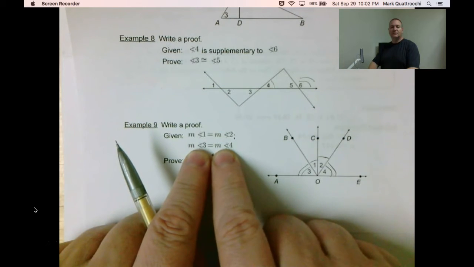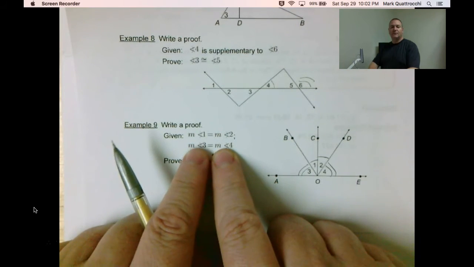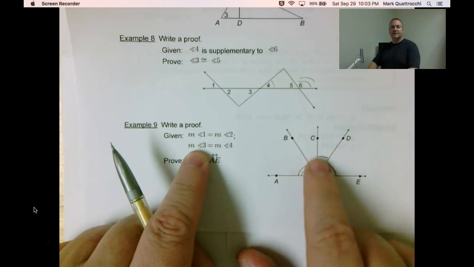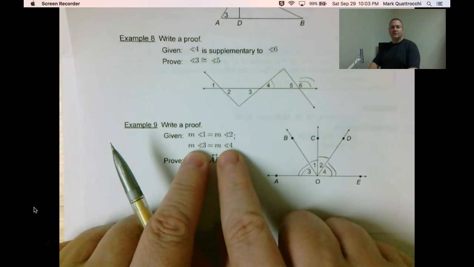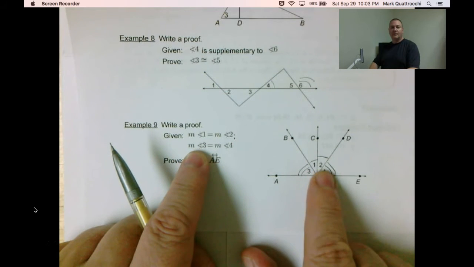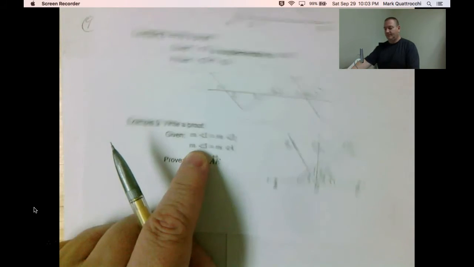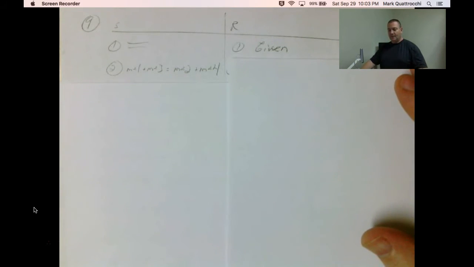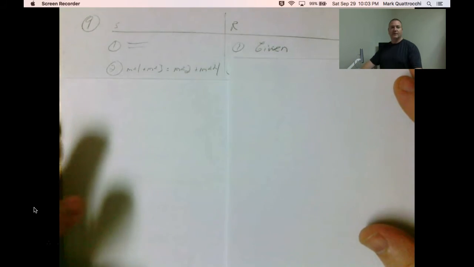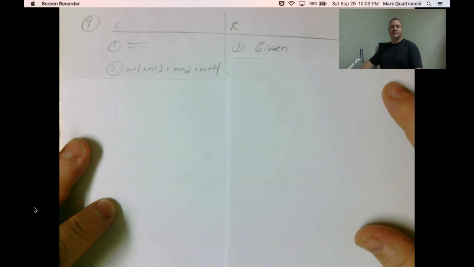Now, what's the advantage of doing that? I'm going to have measure of angle 1 plus the measure of angle 3 on the left-hand side. I'm going to have the measure of angle 2 plus measure of angle 4 on the right-hand side. Hopefully you see where I'm going to be going with that. So, measure of angle 1 plus the measure of angle 3 equals measure of angle 2 plus measure of angle 4. What allowed me to do that?